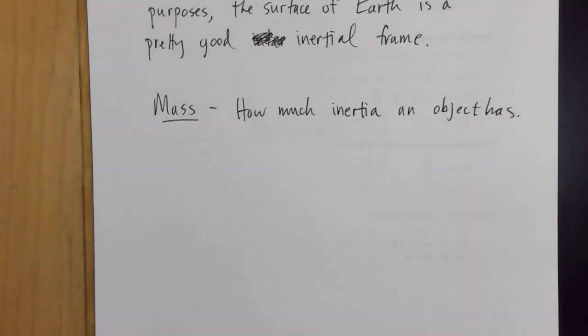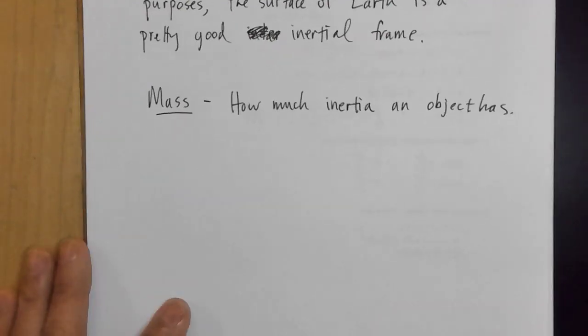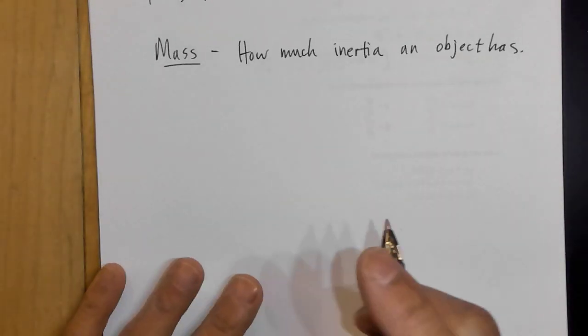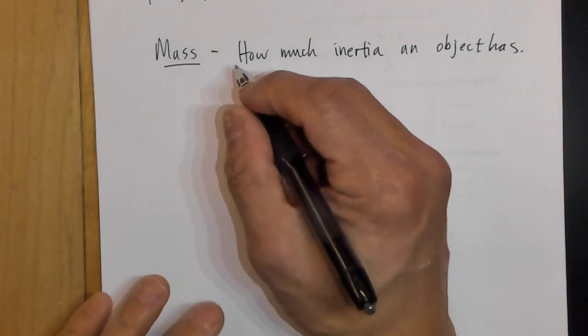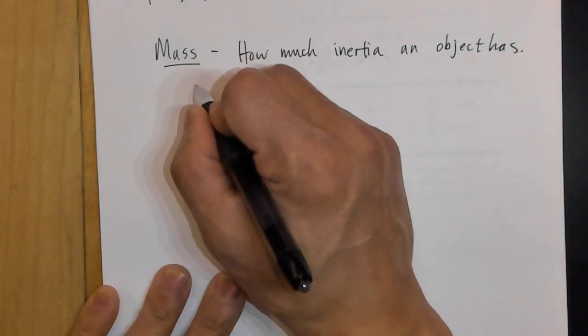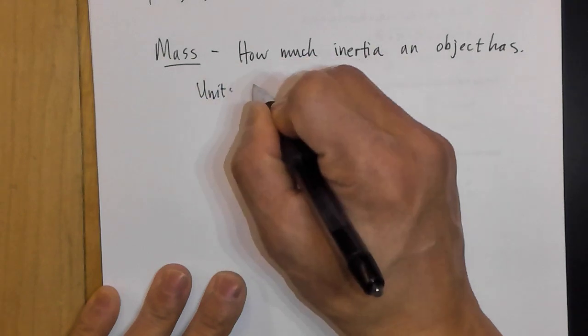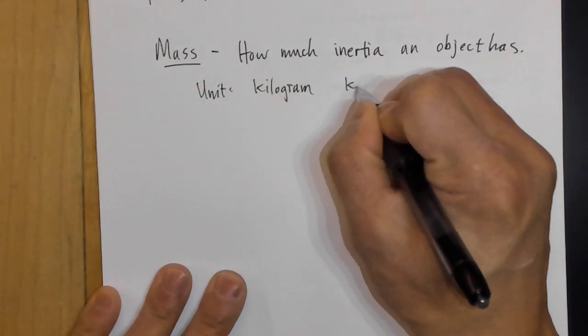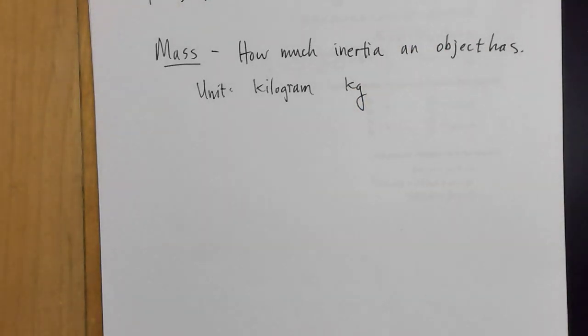Now, as I said, it's kind of difficult to define mass because it's kind of more basic than everything else we talk about. But let's just go on with this, and I will try to fill in some gaps here so that it's not quite so mysterious. So first of all, the unit is the kilogram. We already talked about this, kg. It started off being the gram, but they realized later that the gram was kind of small for most things, and so they bumped it up to kilograms.